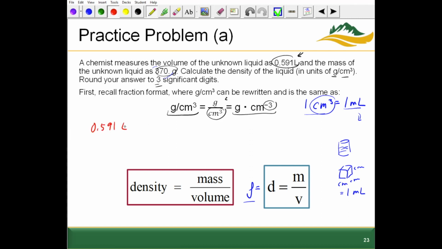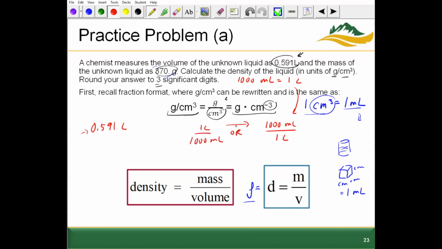So what we need to do in setting these up is you always want to write whatever value is given to us. And then to set up the conversion factor, we know that 1,000 milliliters is equal to 1 liter. So when we're deciding how to orient this conversion factor, it can either be oriented as 1,000 milliliters is equal to 1 liter, or 1 liter over 1,000 milliliters.